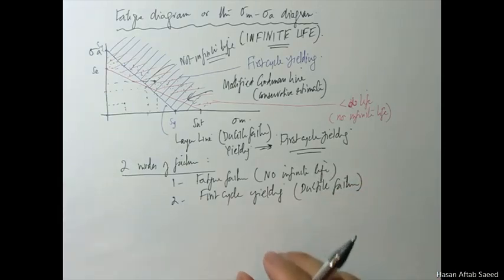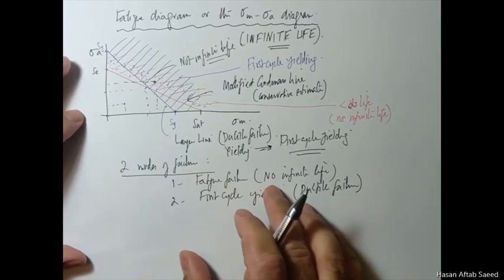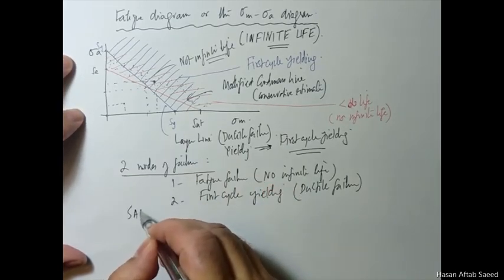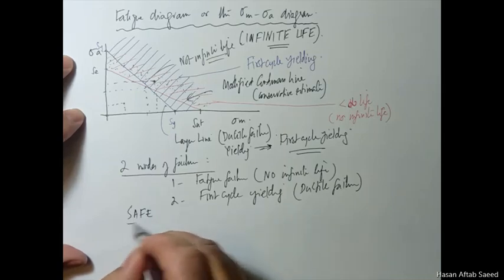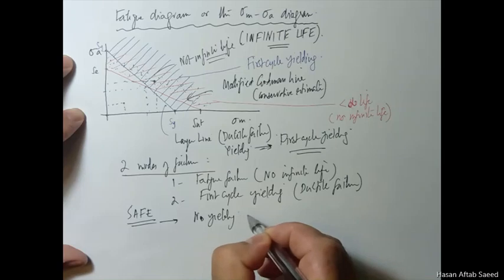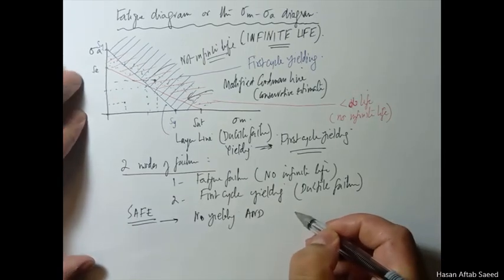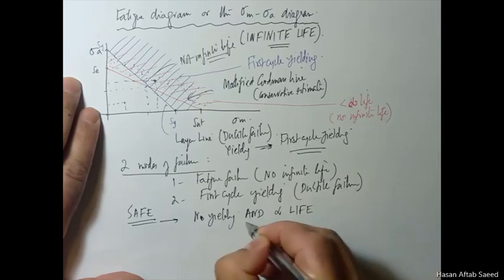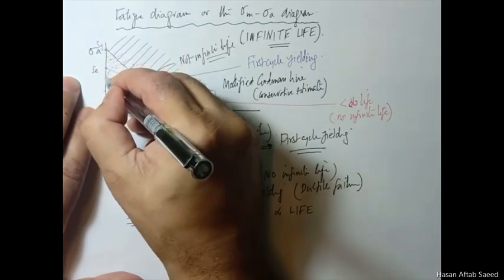So if we are to avoid both these mechanisms, then the only safe region, safe meaning no yielding and infinite life, both of these, is that region.